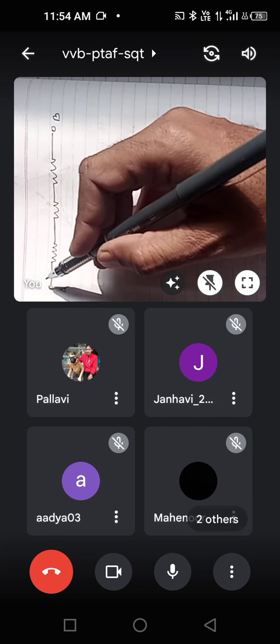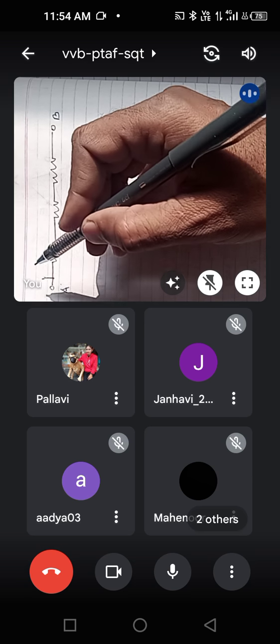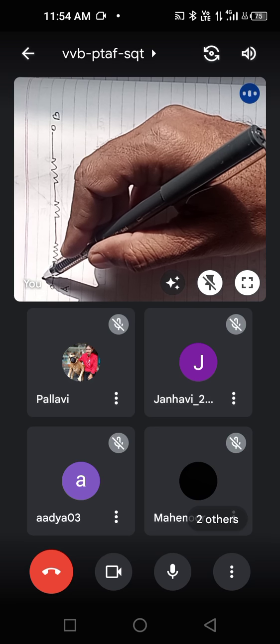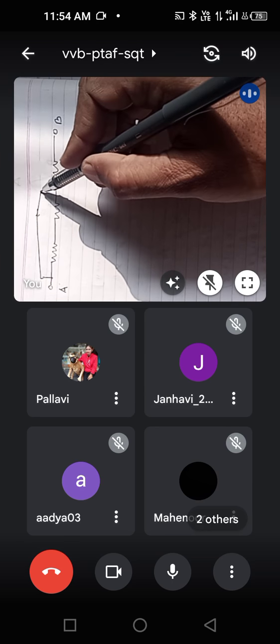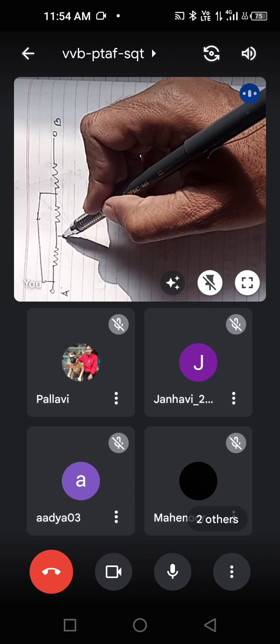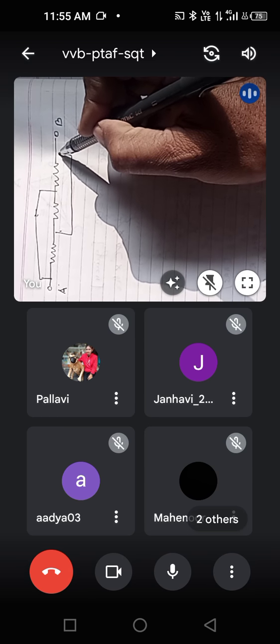From this point, a wire goes and it connects here after two resistances, like this way. And one wire goes from here, it connects like this way.